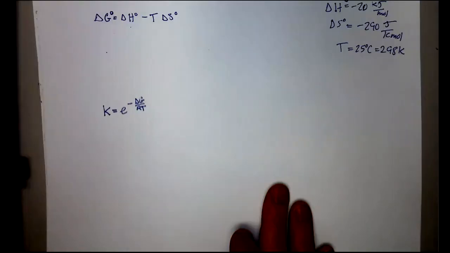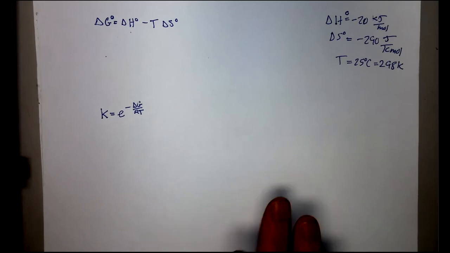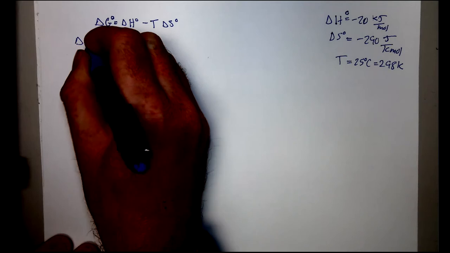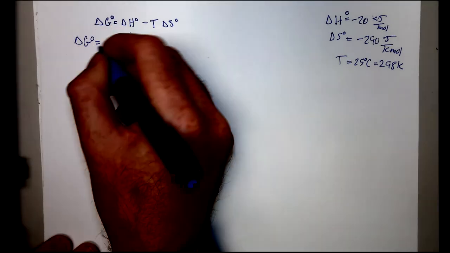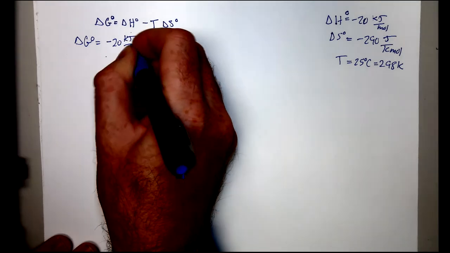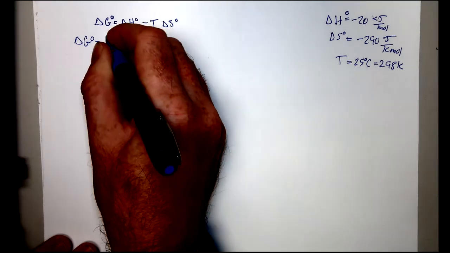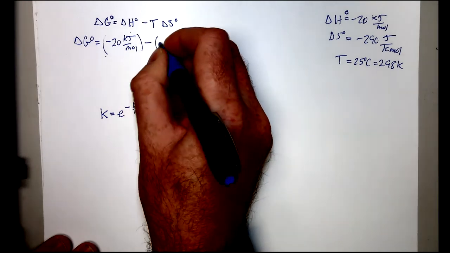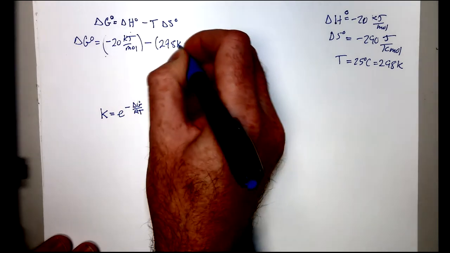So let's do that. I've copied the information over. So delta G standard equals negative 20 kilojoules per mole. That's a favorable condition for spontaneity. Minus T, 298 Kelvin.